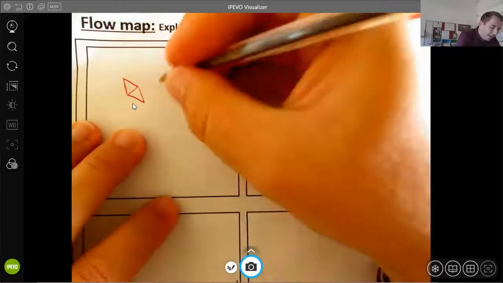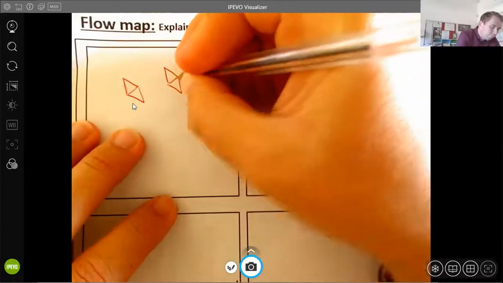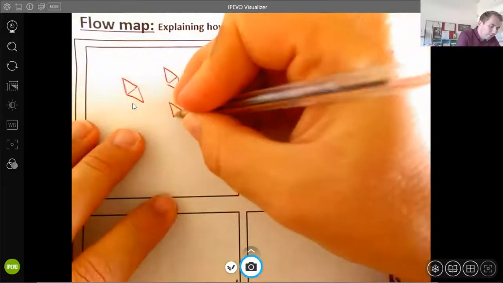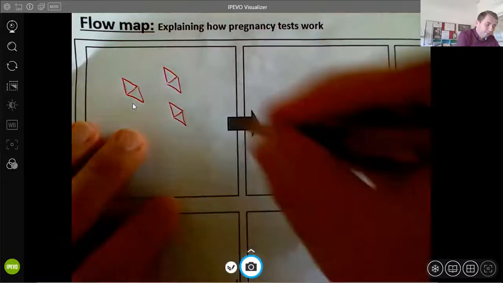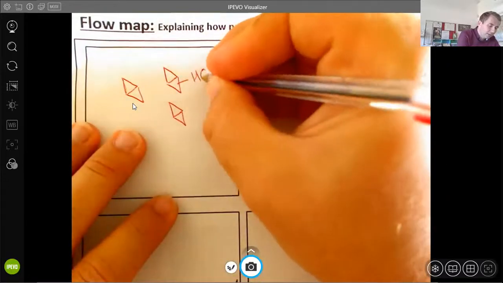HCG. So I'm going to draw it here as a diamond. Now, the only reason we're drawing a diamond is just so it's easier to image later, but this is called HCG.